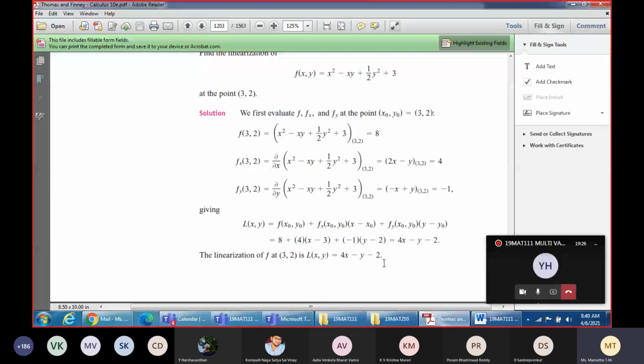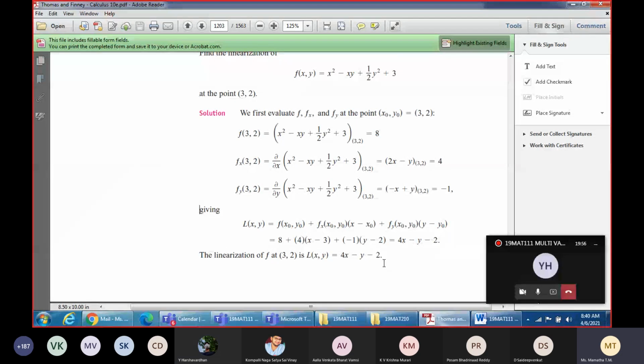We'll be dealing with this concept when we start with the gradient concept. In gradient, we will be studying the tangent vectors for surfaces, and also we'll be dealing with the normal vector to a surface. So in that concept, we'll go into more detail about this linearization procedure.